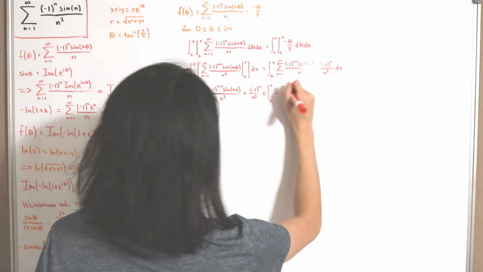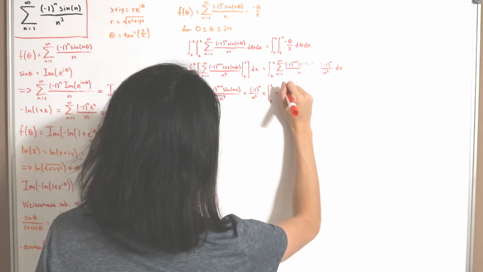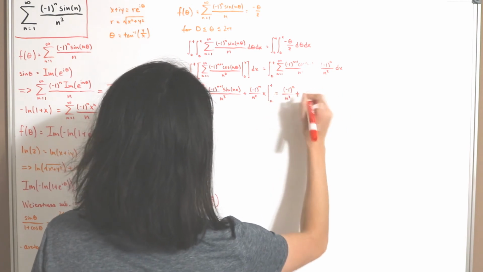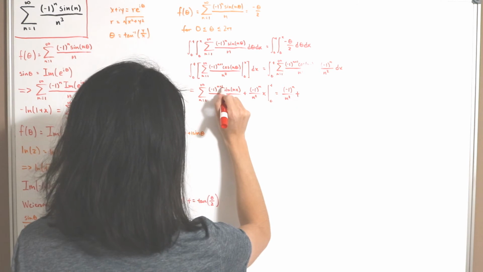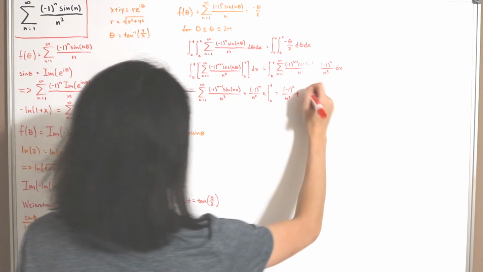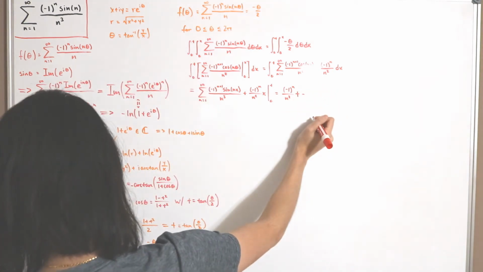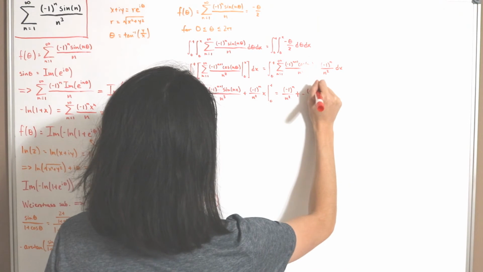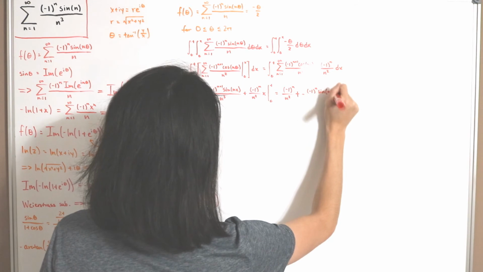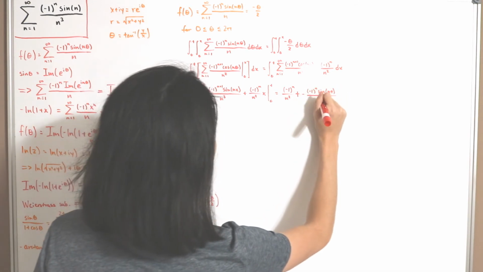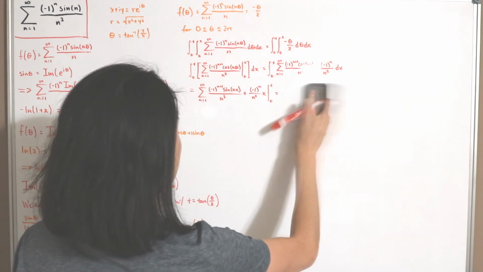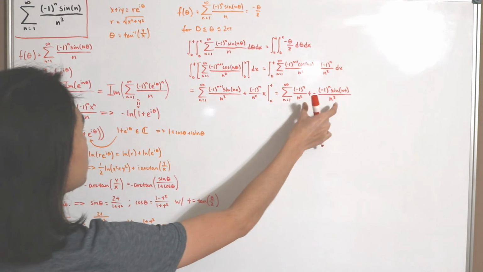We have negative 1 to the power n divided by n squared times t, and then factoring out the negative, this becomes a minus, and we're left with the same thing, negative 1 to the n, sine of n times t, divided by n cubed. Well, actually, this is supposed to be a sum, so give me one second to rewrite this.